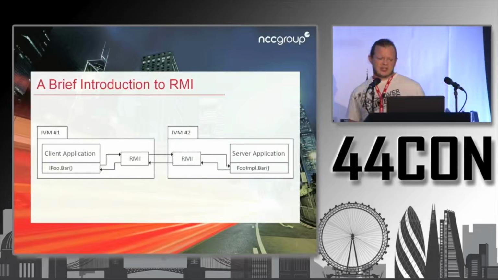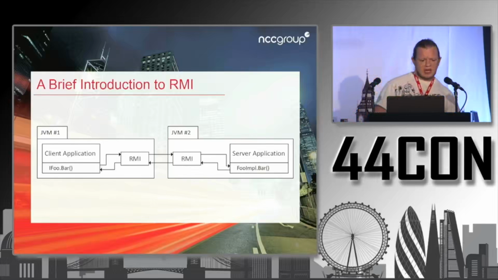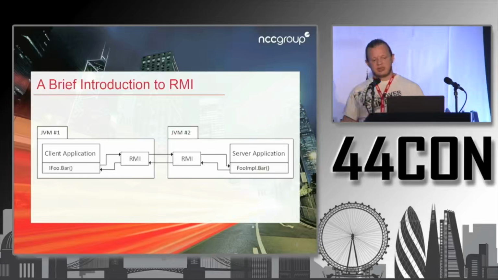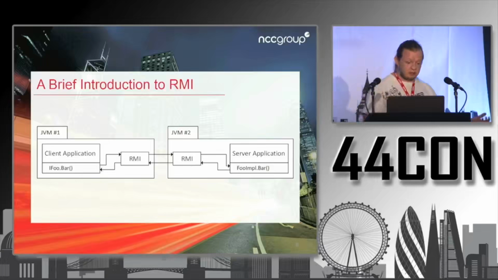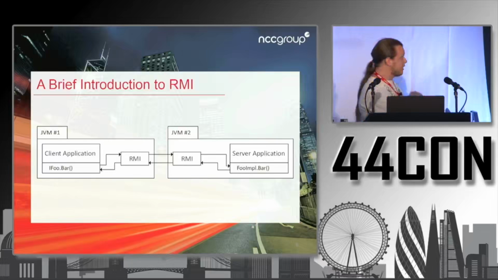It looks something like this. We've got 2 Java virtual machines. On the left, we've got a client application. On the right, we've got a server application. When you call a remote method from the client application, it goes off to the RMI subsystem. That wraps it up in a packet and sends it over the network to the remote JVM.